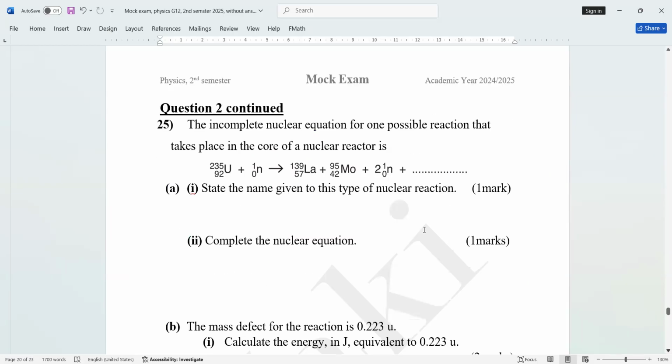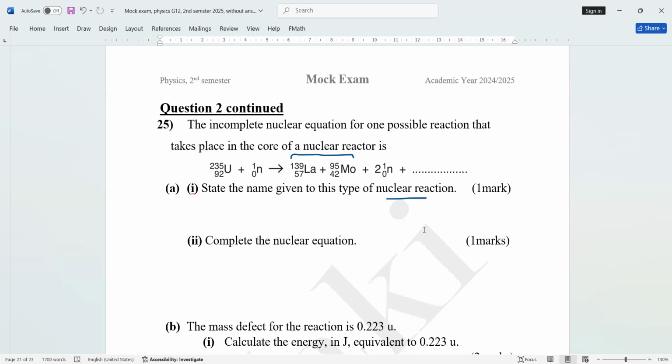The incomplete nuclear equation for one possible reaction that takes place. Try to solve this, please. Now, he said, state the name given to this type of nuclear reaction. This is a big nucleus bombarded by a neutron, split into 2 smaller nuclei.